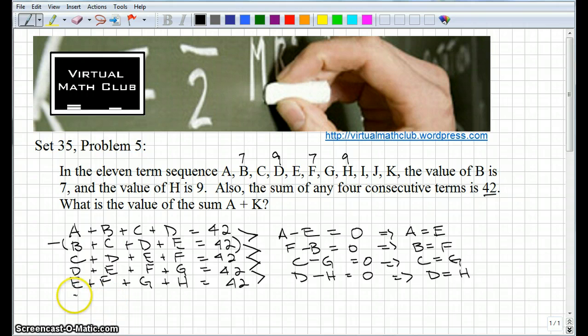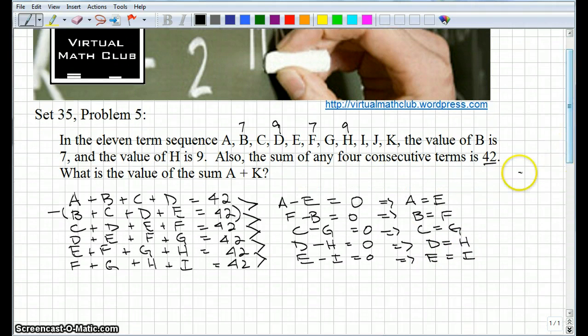We'll just keep going here. F plus G plus H plus I is equal to 42. Take the difference of those two equations, we end up with E minus I is equal to 0. So E equals I. Let's keep going.